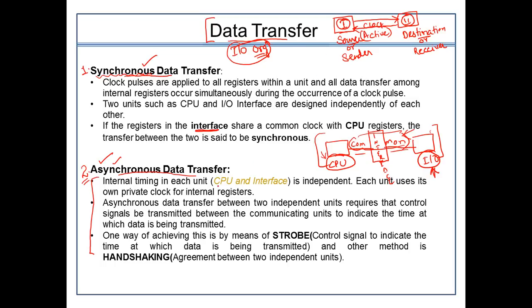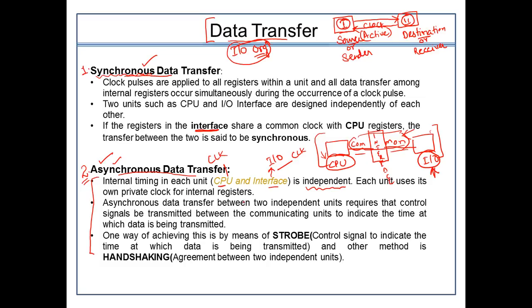The idea is that both the CPU and the interface, or the IO devices, are independent units, because the interface is attached to the input output devices or peripherals. Each of these units, the CPU, IO or interface, has its own clock signals. In asynchronous data transfer, that can happen.